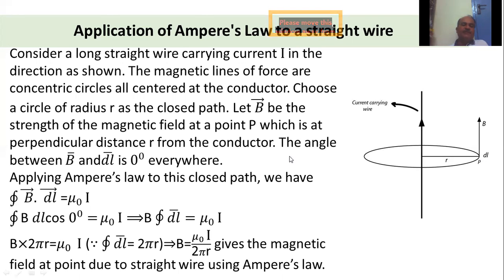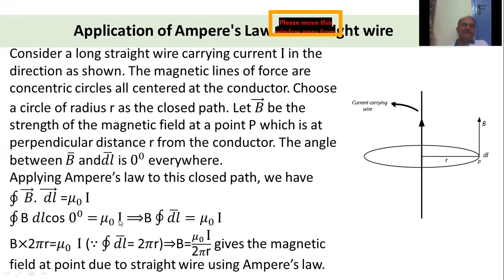Therefore, applying Ampere's law to this closed path, we have the closed integral of B dot dl equal to mu naught I. This dot product is written as B dl cos theta, and theta is 0.